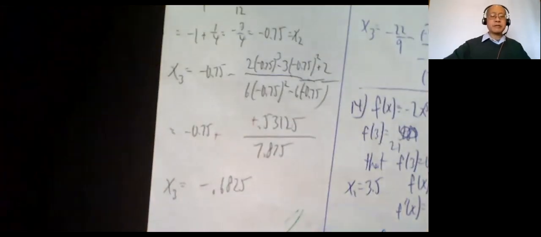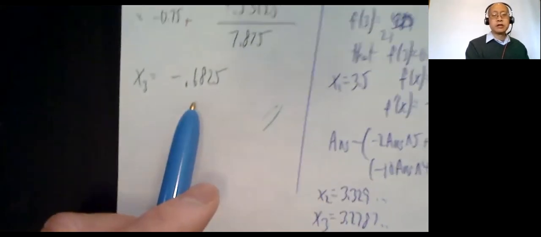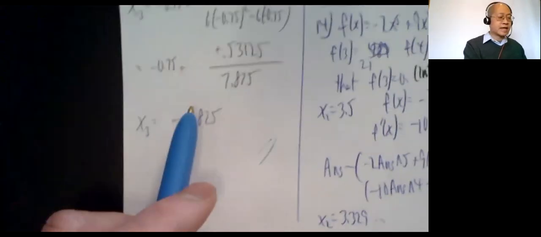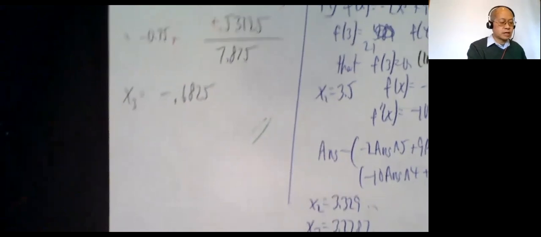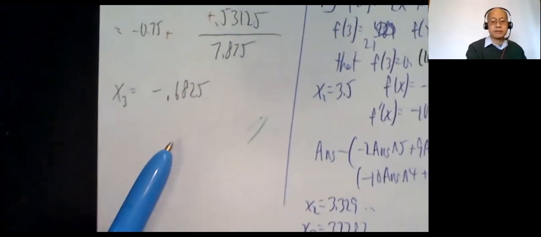So our approximation for the solution right now is -0.6825. If you want to get even closer to the answer, do it again and again until you start converging, is the language we say, until you start getting closer and closer to the true value.